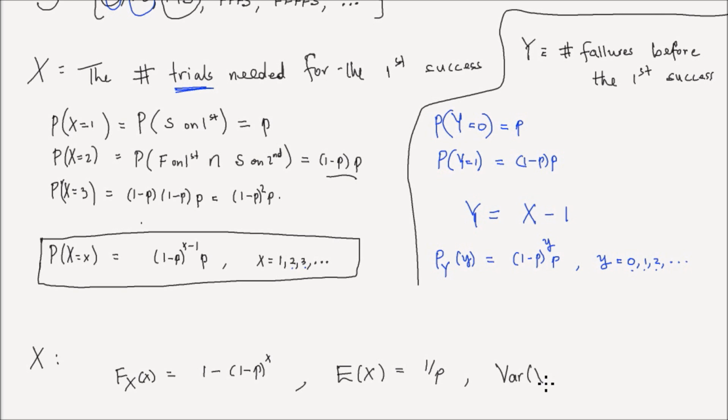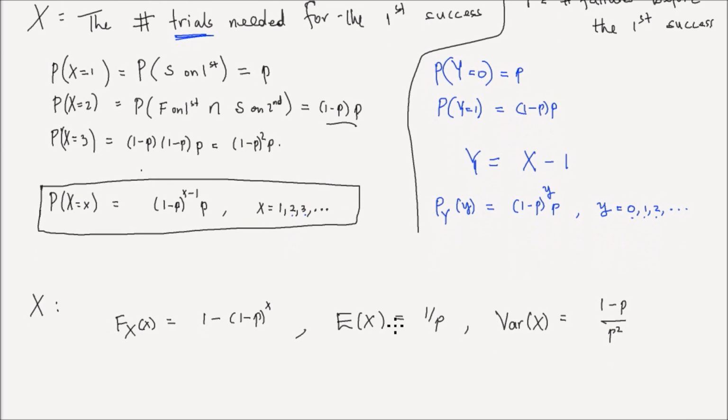I will then find the variance of x, which is going to be equal to 1 minus p divided by p squared. I will also find the MGF of x, M x of t, which would be p times e to the power of t divided by 1 minus p times e to the power of t.